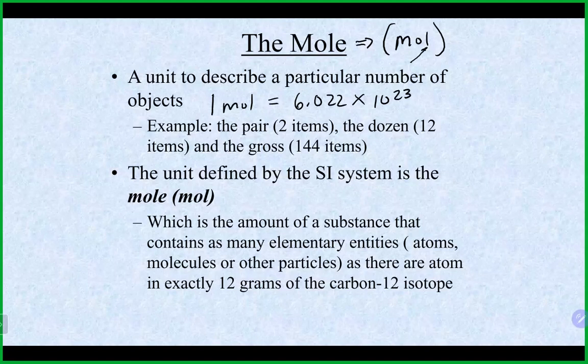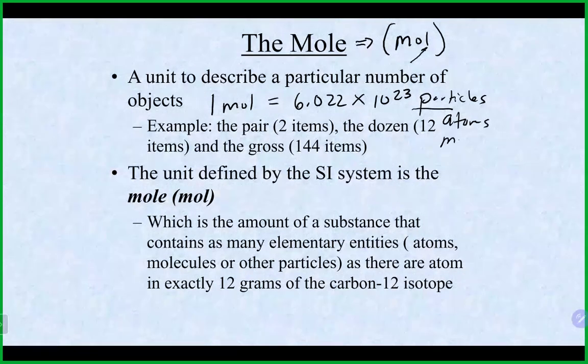Now, as we will talk about, the units associated with this number can change. So in certain cases, this could be particles. In certain cases, this number could be atoms. In other cases, they could be molecules. It could be pizzas, if you're talking about pizzas, or shoes, or whatever you want.